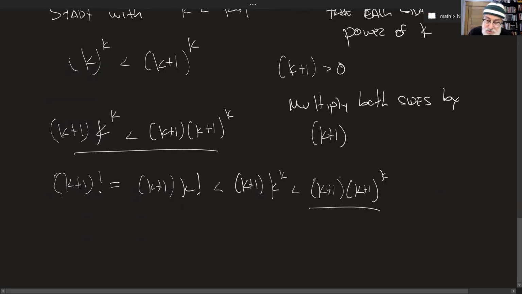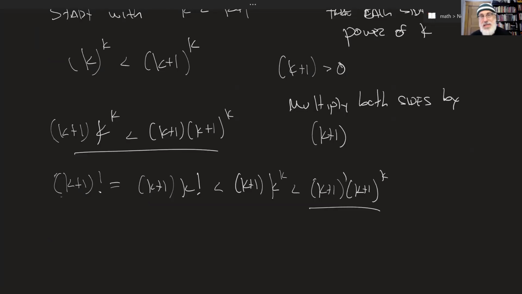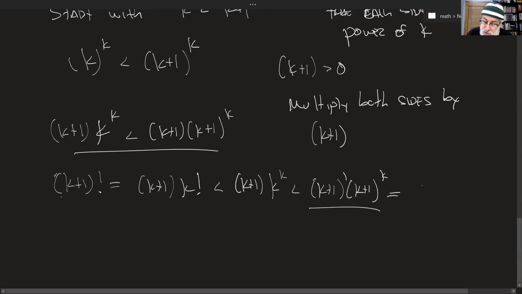Now, let's look at this. This is raised to 1. And if I have the same base raised to different powers, I can add those powers. So this becomes the base of k plus 1 raised to k plus 1.